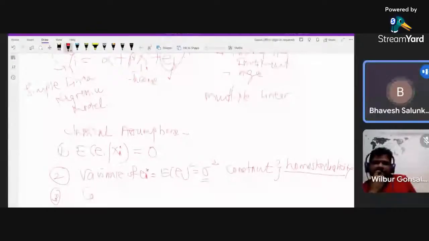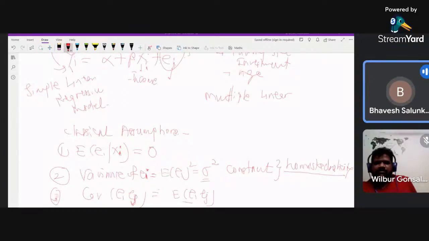The third assumption is that the covariance of ei and ej, that is two error terms for two different families, which is equal to the expectation of ei ej. I won't be going into details of all these terms; you can explore this a little later. Just understand that the covariance between error term ei and error term ej from the population regression function is equal to 0.